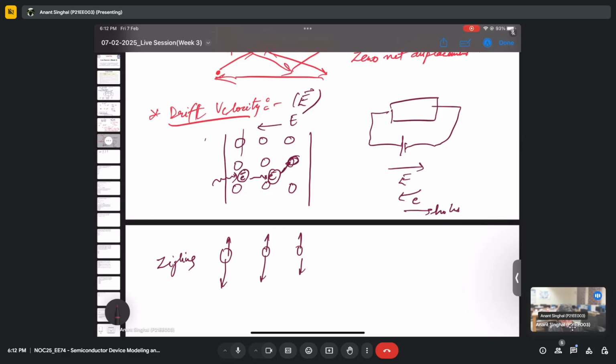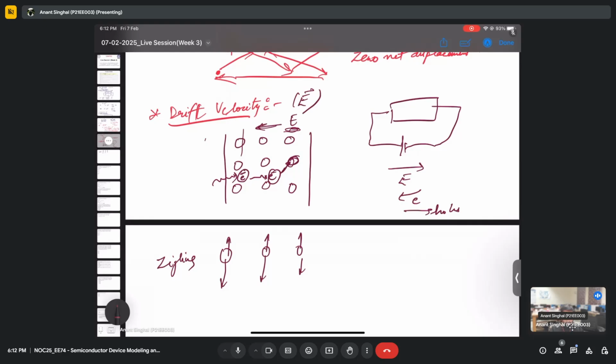So on the application of this electric field, the electron will start to move in the opposite direction of the electric field first of all, as I said. So if the electric field is like this, electrons are moving like this, and this movement of electrons under the influence of this electric field is known as the drift. Now let's say we have an electron in vacuum. Let me ask you a very simple question.